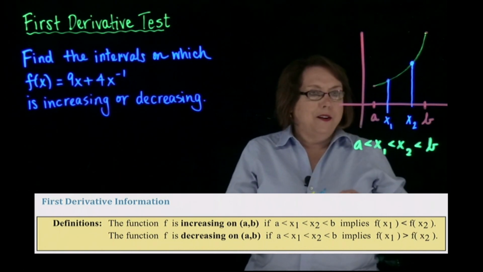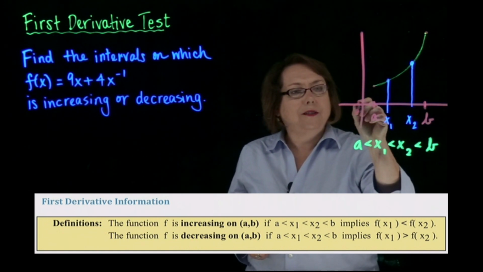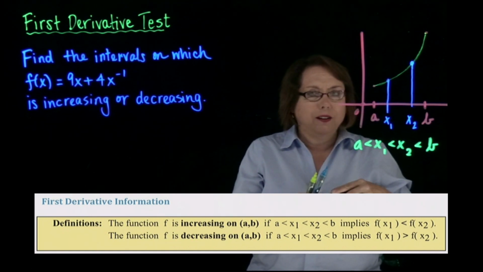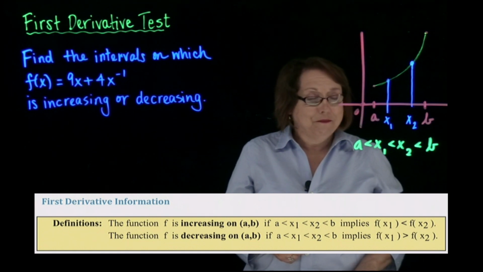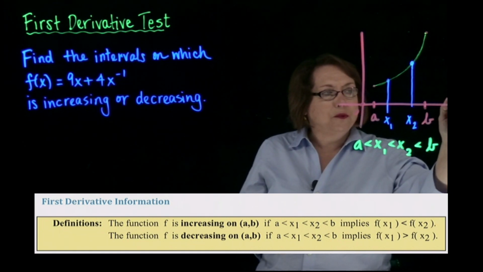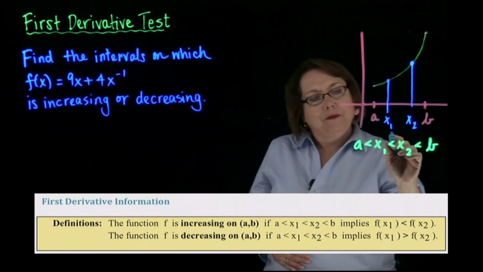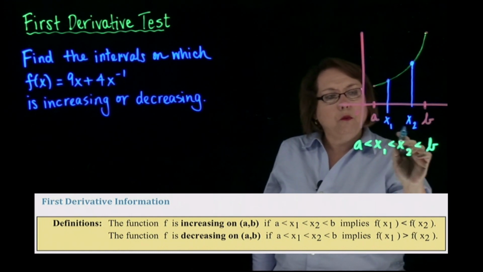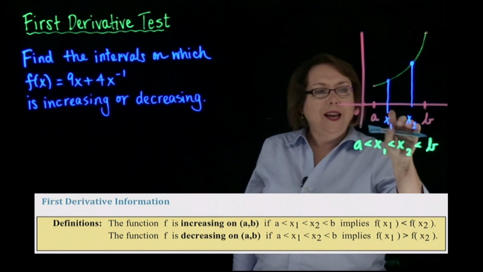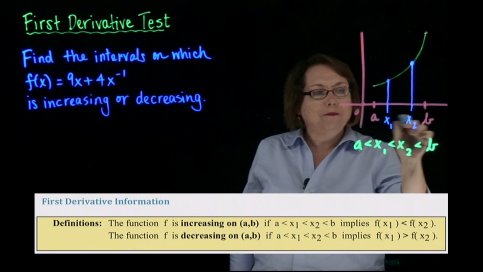We're implying here that we are on the positive side of the x-axis. So that way this is true. So what you see here then is you have x sub 1 and x sub 2. There are 2 points in between a and b.